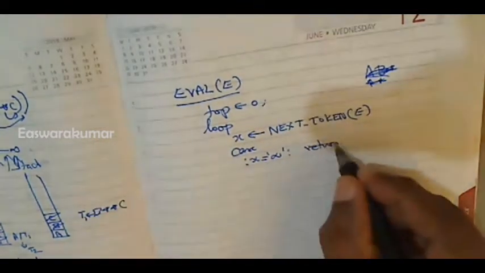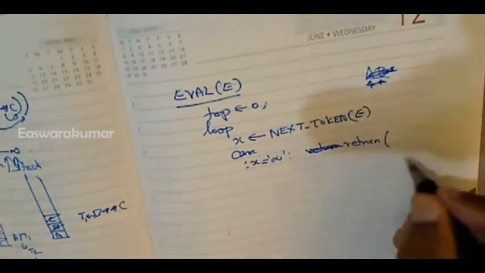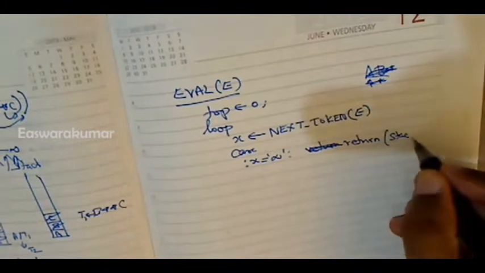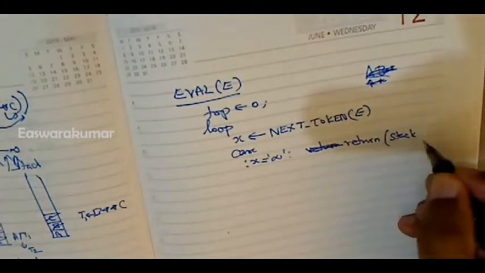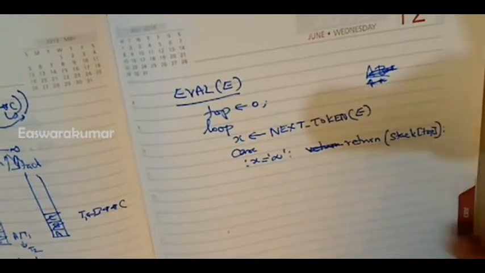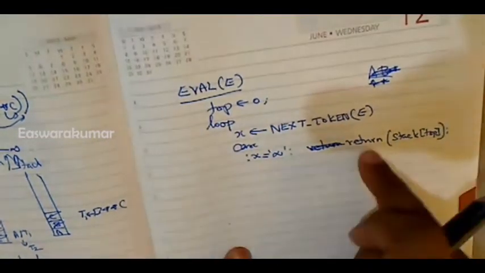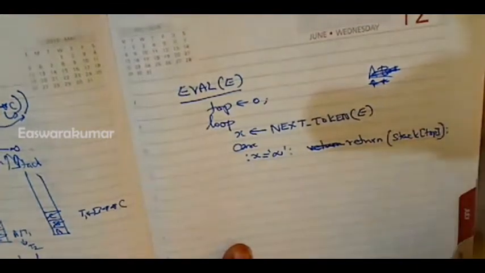If we want the answer, we can say return the stack's top. Stack is our data structure. Whatever is at the top of the stack will be given as the answer and returned from the code. Because it's an infinite loop, once you call this return, it will stop.